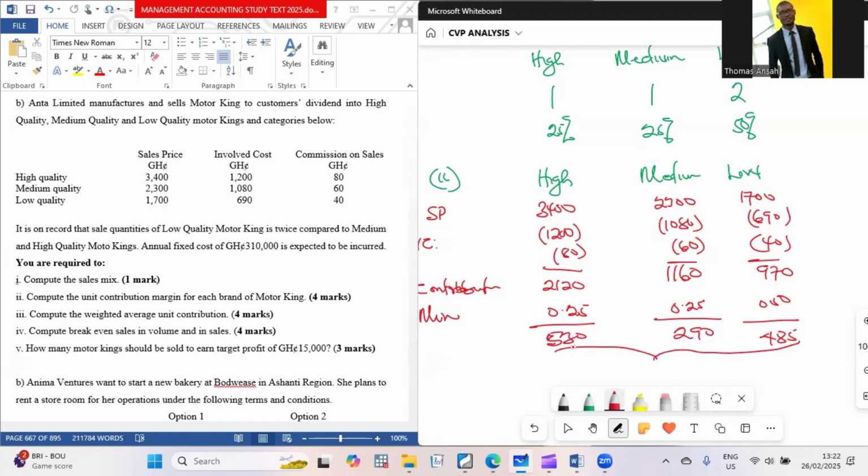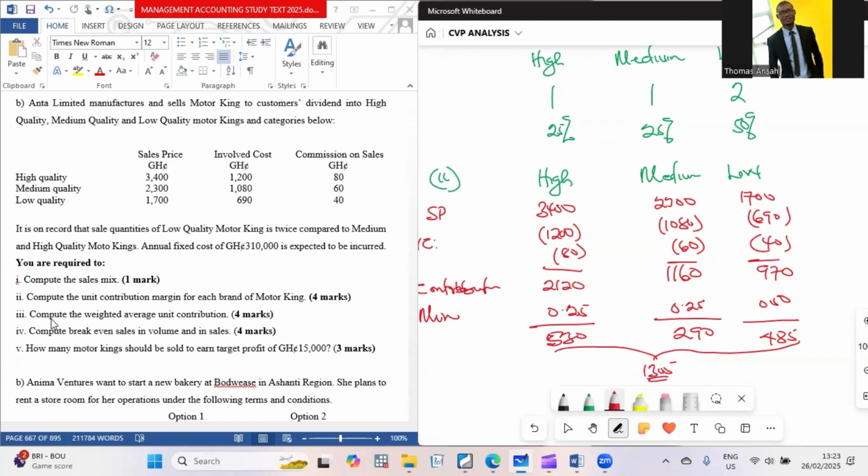So if I want to do the total so that I will be able to do weighing, what will it be? 530 plus 290 plus 485. That is 1,305. So when I'm doing my weighing, this is what I will do.